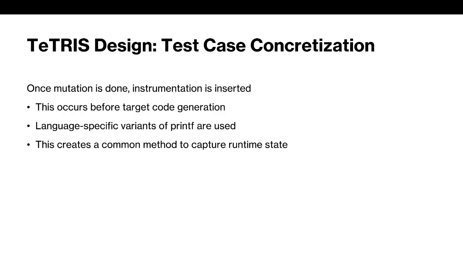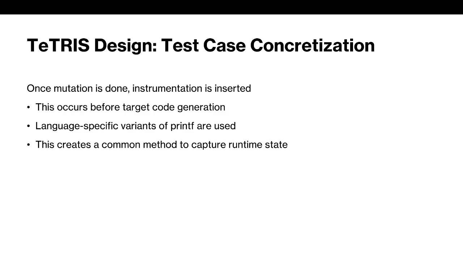So once the syntax is mutated and types and scopes are changed, we can insert instrumentation. And this goes back to our earlier discussion of the different types of fuzzing, black box, gray box, and white box fuzzing. The idea here is that as we're fuzzing, we want to understand where these errors are occurring. And because we have access to the input source code and the output source code, we can instrument it so that when we fuzz it, we have an idea of where the errors occur.